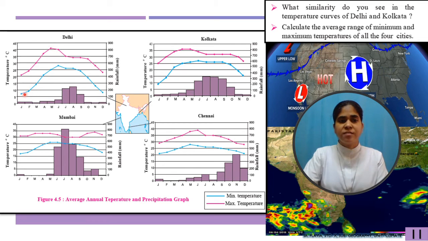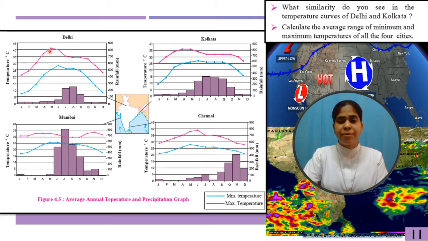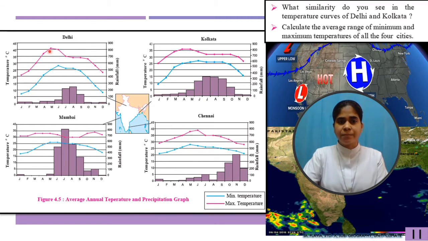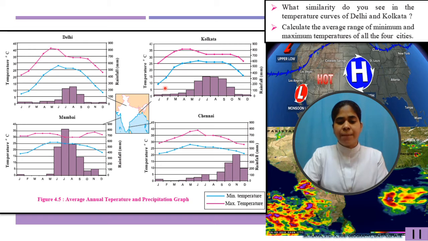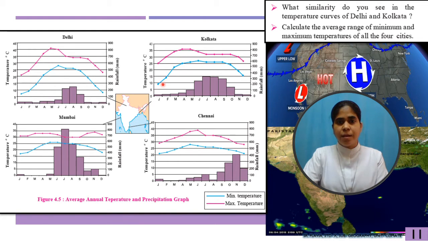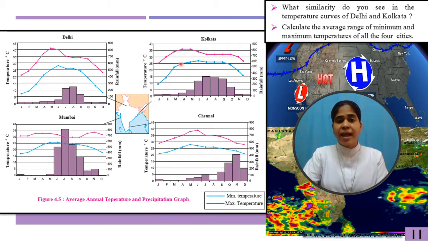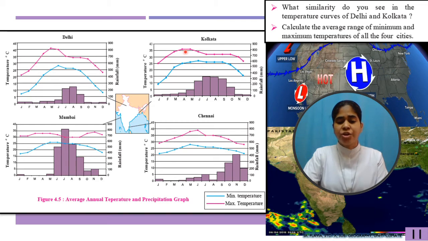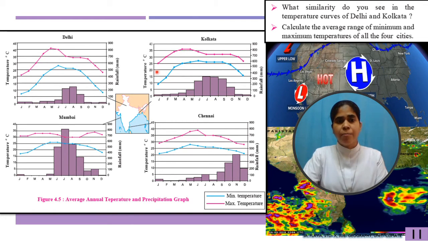So 6 degrees to 41 degrees is the average temperature range of Delhi. Now Kolkata. The minimum temperature is 9 degrees. Maximum is 37 degrees. So 9 degrees to 37 degrees is the average range of temperature of Kolkata.